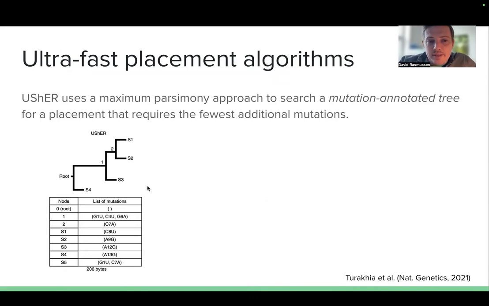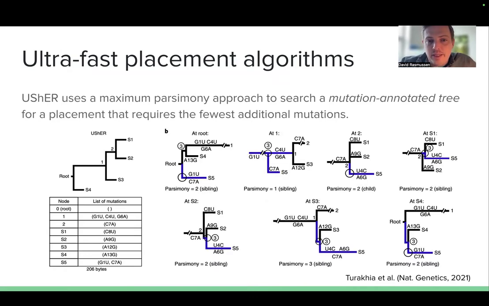So now we can do this for adding a new sample. We can ask, if we add a new sample, which in this case is S5, how many mutations would be required to add this new sample to each position in the existing phylogeny?